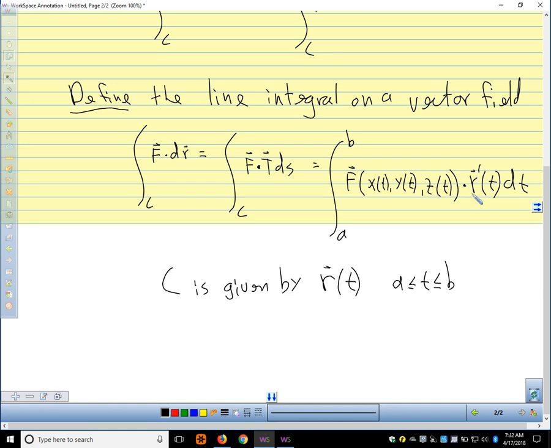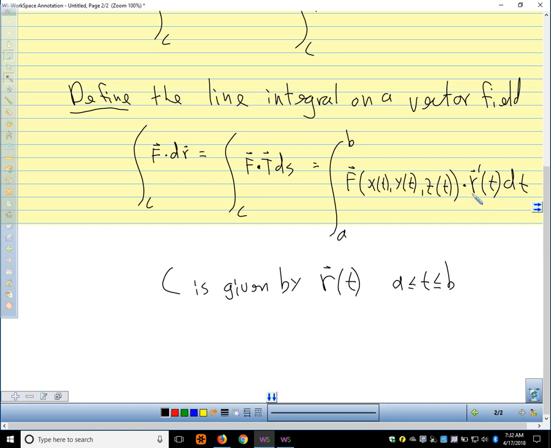So the vector line integral tells us what we're doing is we're summing the tangential component of our field times the length we're traveling around this curve. So the vector line integral has something to do with the tangential component of our vector field.